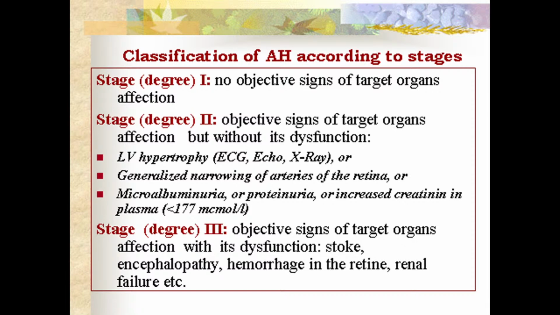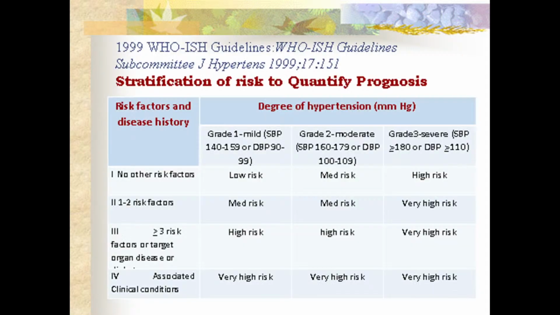You can detect symptoms and signs of a stroke, or maybe the patient has experienced stroke in anamnesis. There are symptoms and signs of hypertensive encephalopathy, hemorrhage in the retina, and symptoms and signs of renal failure, etc.